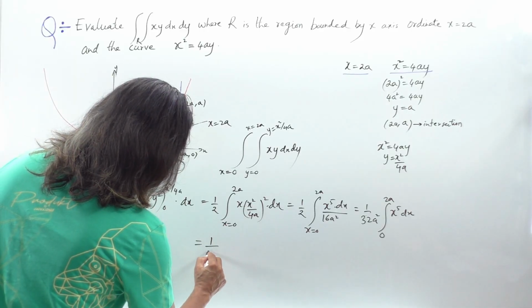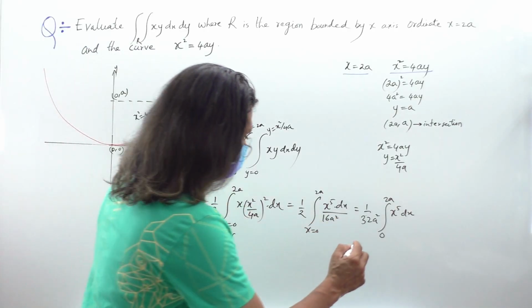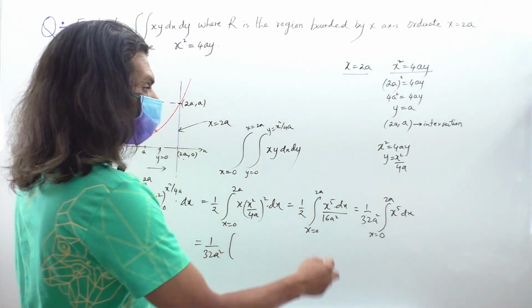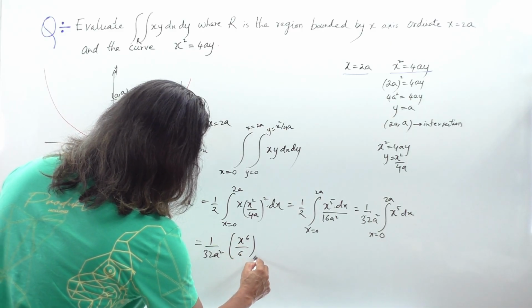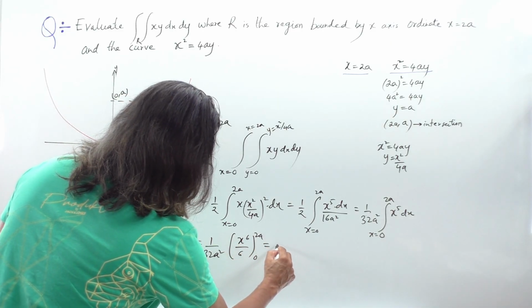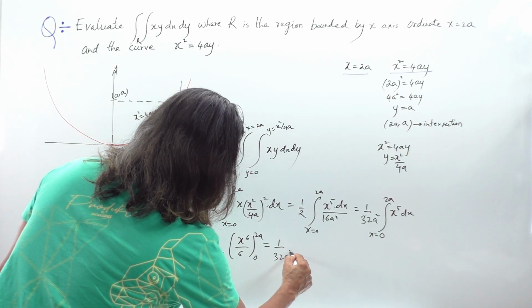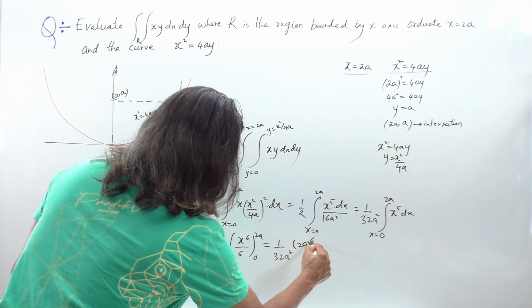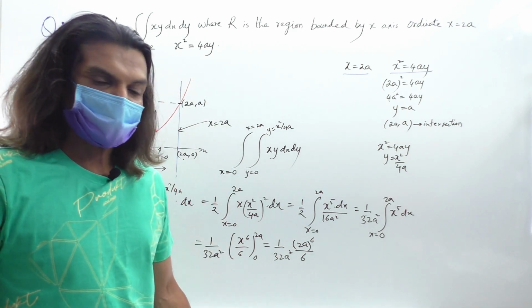So that gives 1 by 32a square. When I do the integration, the integral sign goes, since we are doing with respect to x. So as I told you, integration of x to the 5 is x to the 6 by 6, and 0 to 2a is the limit. So again 1 by 32a square into 2a raised to 6 by 6, that is in place of x put 2a upon 6.